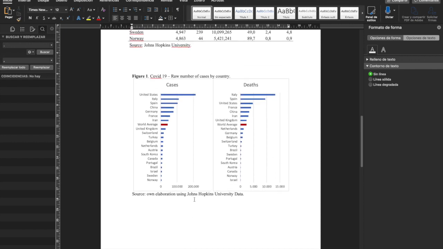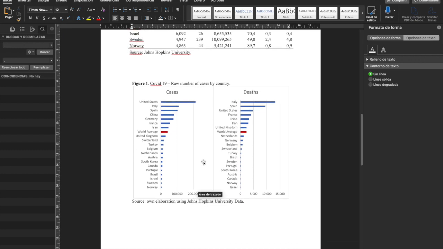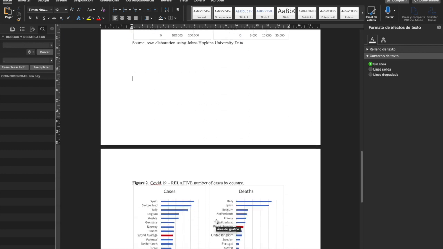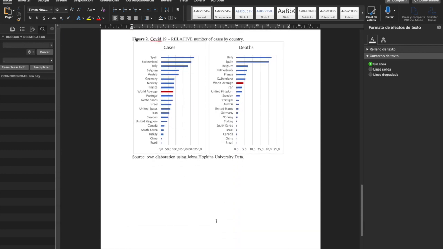So now I have Figure 1 with the absolute number and Figure 2 with the relative numbers.